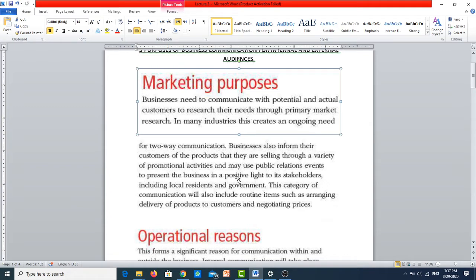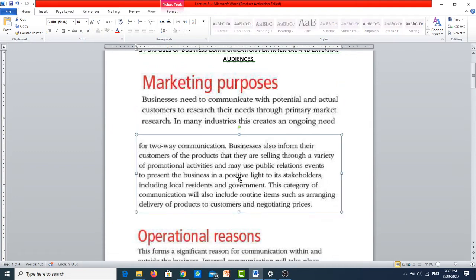Relating to these potential and actual customers, they give the information to the new customers. Then you will get the new customers. So in this regard, marketing is the most important thing.